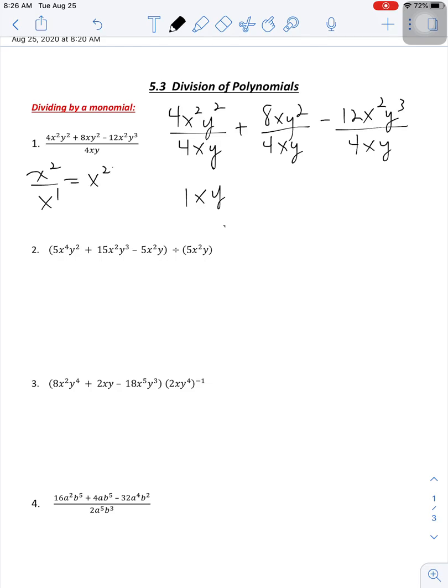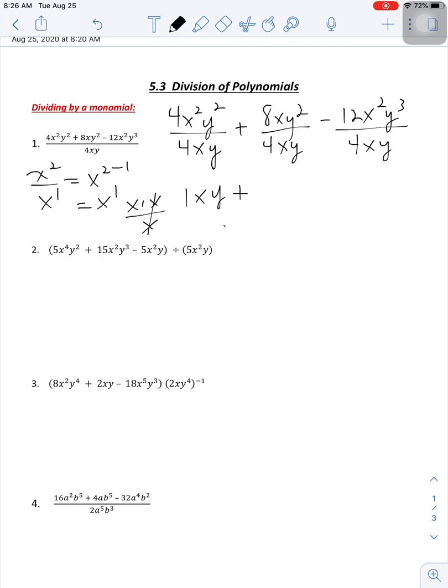So that would be x to the 2 minus 1, which would give you x to the first. Or some of you even think of it this way, where you got 2 x's over an x and it cancels. Just to show you the work behind the scenes.